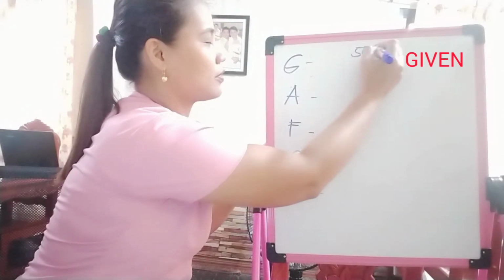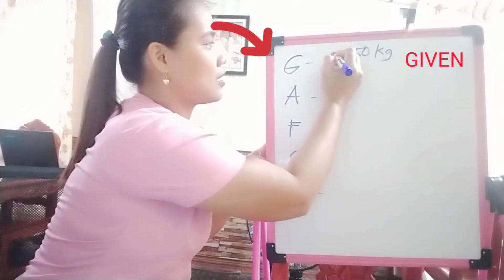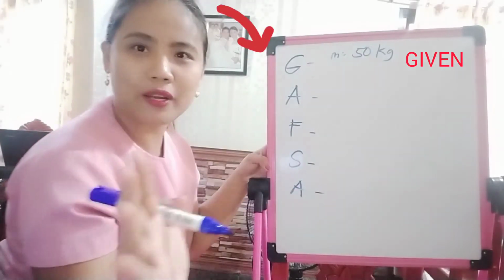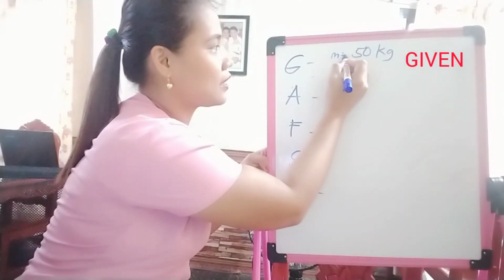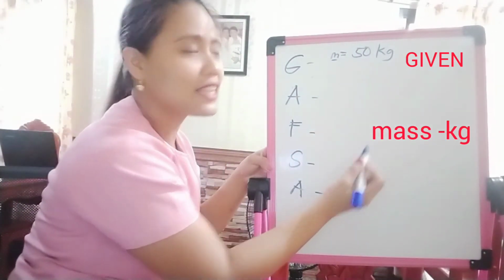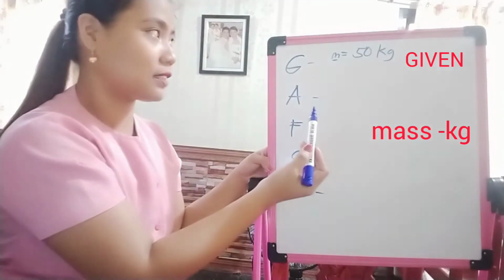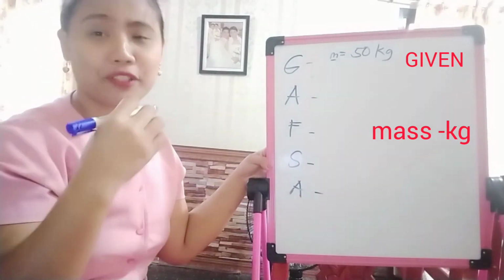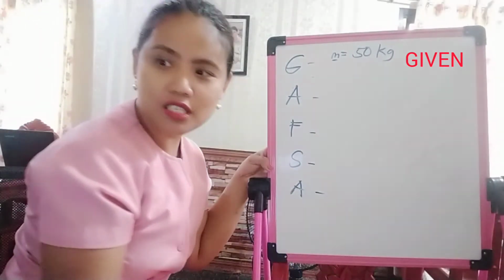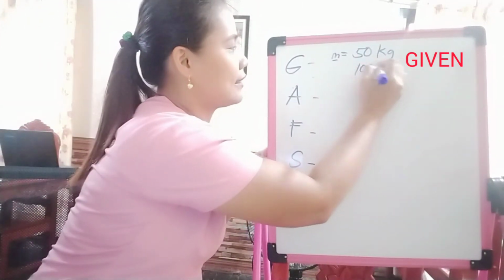The mass of the car is 50 kilogram. Always remember that the unit of mass is kilogram. Kilogram is the unit of mass. Whereas for the given net force, we have 100 Newton.